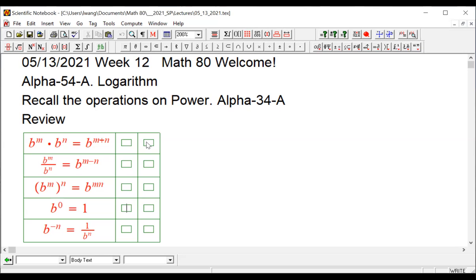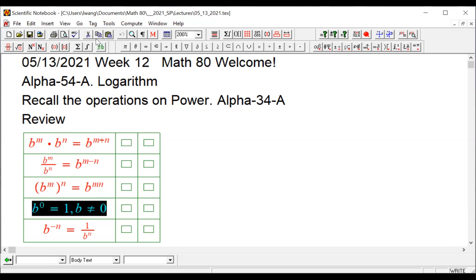So with this table, does anybody have any questions about this table? No? Okay. And I'm going to rearrange the table. The first one, of course there's a requirement that b is not 0, right?